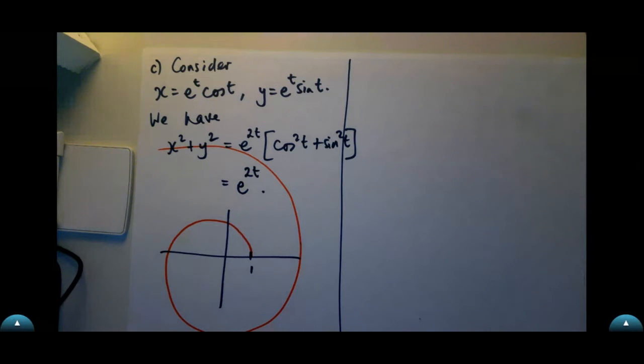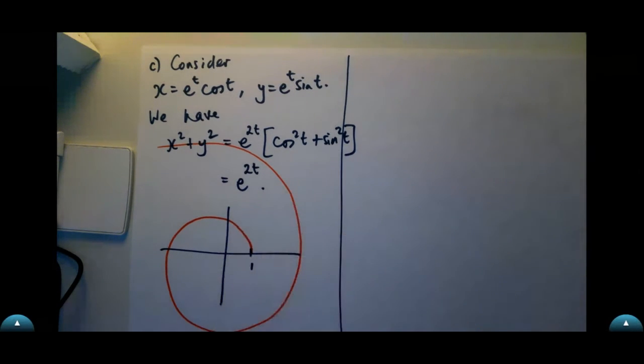Let me go back to the PDF. So we know how to sketch these things. Let's do some calculus with these parametric forms. Okay, so I'll go back to my PDF.